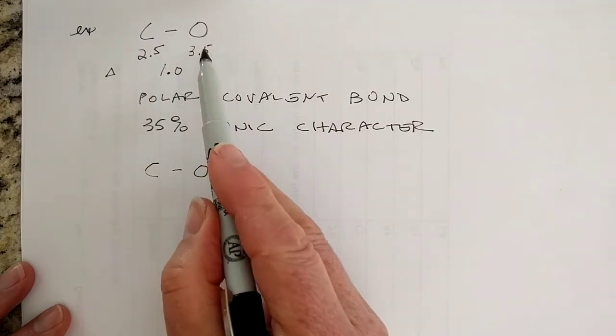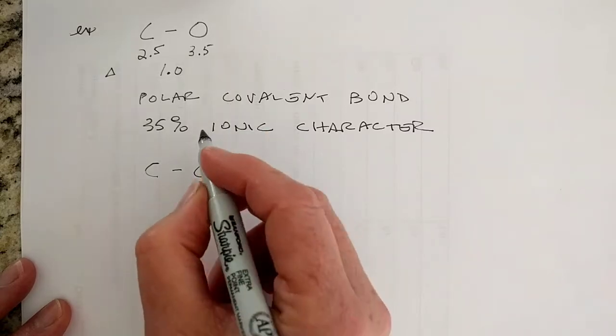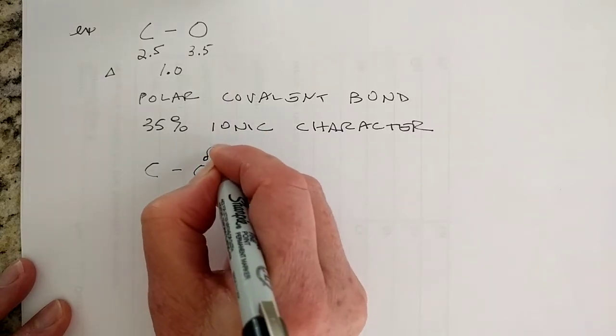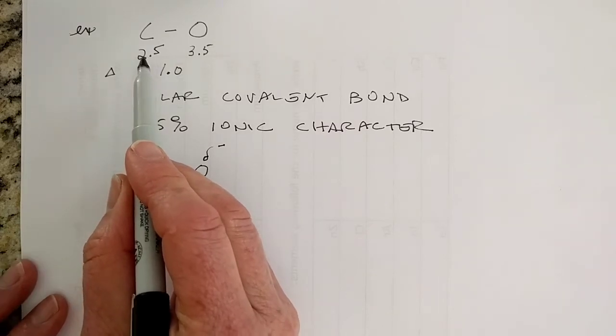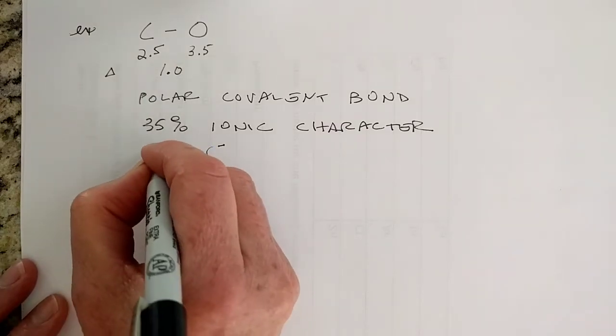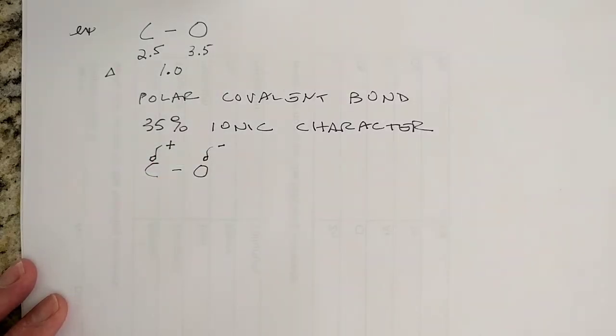So our more electronegative element gets the partial negative charge, the lowercase delta minus. And the lesser electronegative element gets the partial positive charge, the lowercase delta plus.